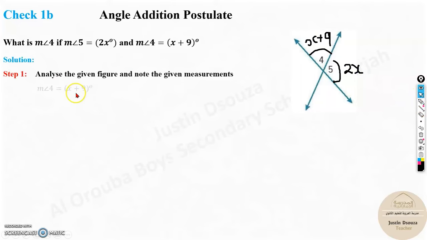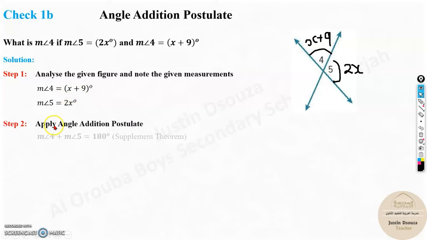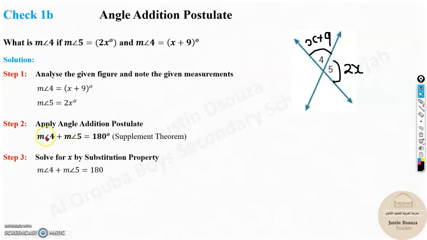So all you need to know is this is the measure of angle 4, that is x plus 9, angle 5 is 2x, and now substitute these x values over here. Instead of angle 4, it will be x plus 9, instead of angle 5 it is 2x, and remember it's a straight line, so the sum must be 180 degrees, a linear pair.